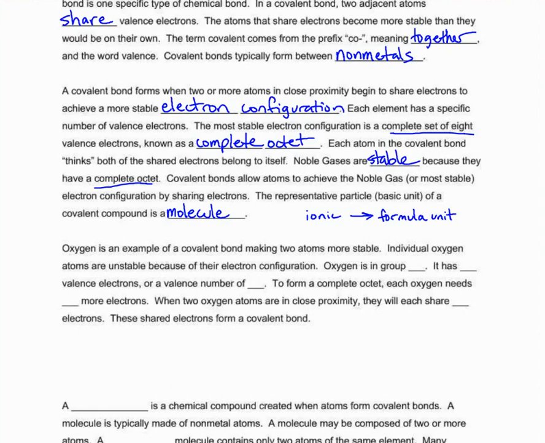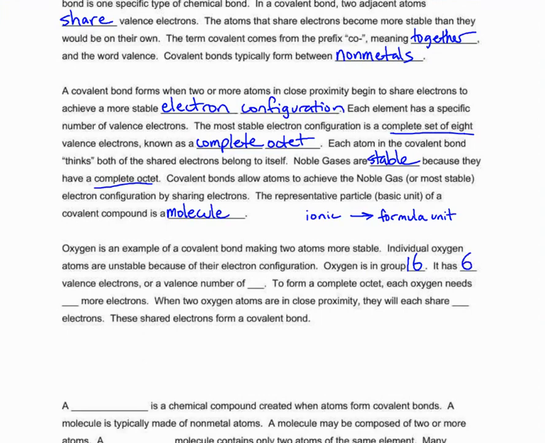Oxygen is a good example of a covalent bond that makes two atoms more stable. Individual oxygen atoms are very unstable because of their electron configuration. Looking at my periodic table, I see that oxygen is in group 16, which means it has 6 valence electrons.